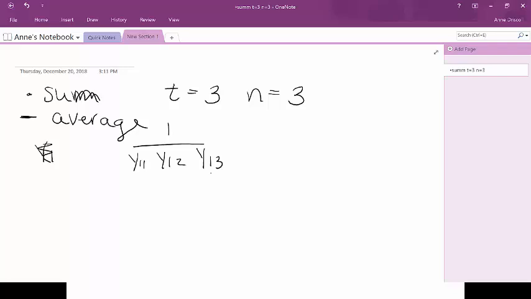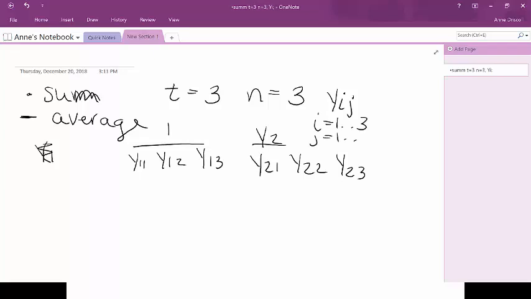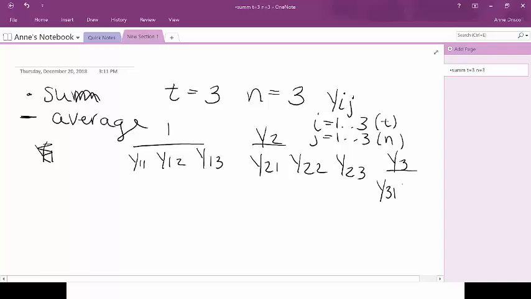Our second group is y21, y22, y23. So this is yij, where i goes from 1 to 3, and j also goes from 1 to 3. This tells me my reps. This is n, this is t. Then we would have y3, which would be y31, y32, y33.